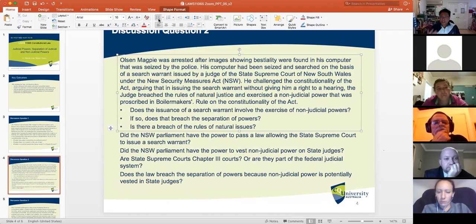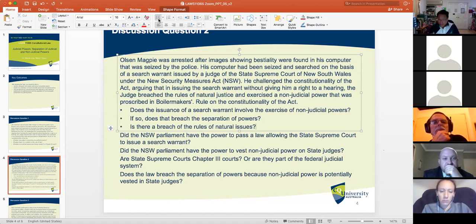Yes, so which leads us to the second question. If a state judge is exercising non-judicial powers, does that constitute a breach of the separation of powers? So that's the second legal issue. What is the answer there? Do we answer it in the form of the persona designata doctrine? I would suggest yes.